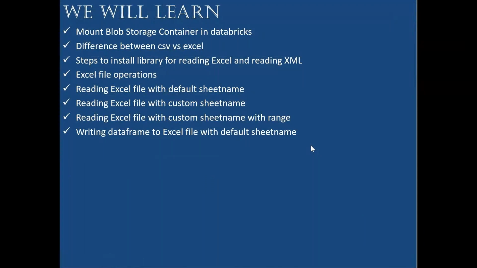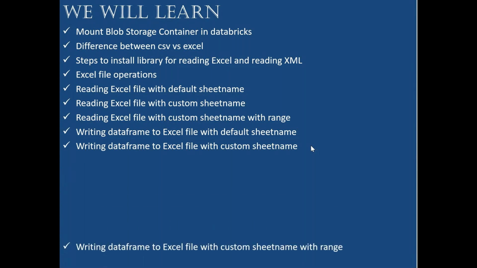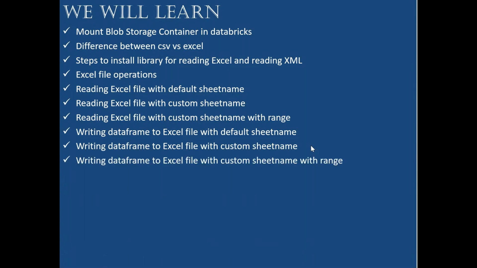Writing data frame to an Excel file with the default sheet name. While writing also, if you're not giving any sheet name, by default it will create a sheet named Sheet 1 and write it. But if you want to write data frame data to the Excel file with a specified sheet name, you can do that. We will see. Writing data frame to Excel file with a custom sheet name with a range.